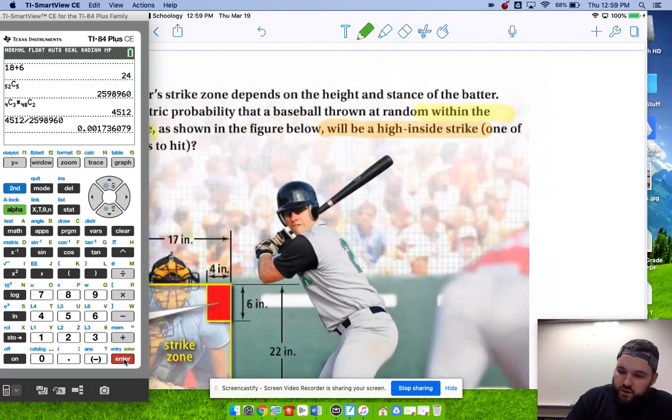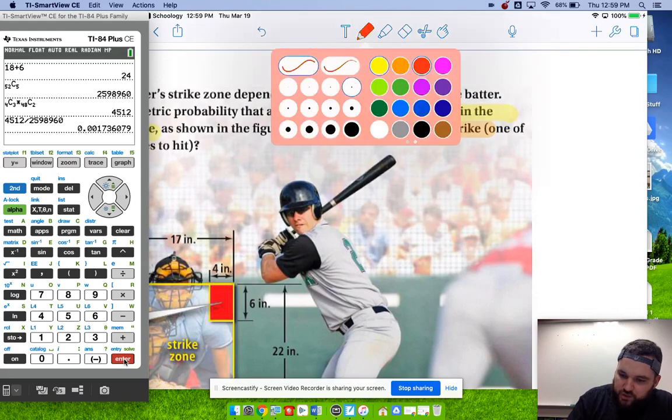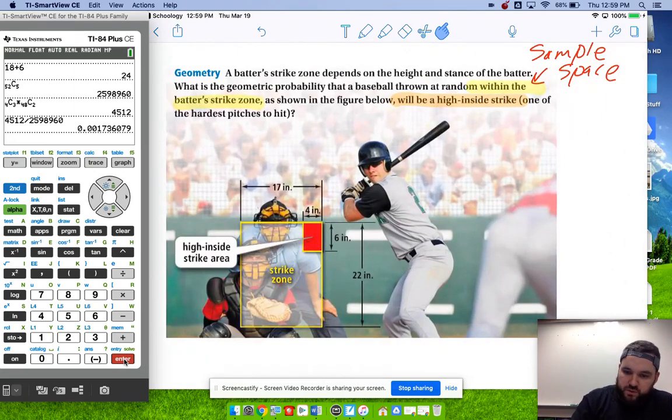Okay. So this piece of information that we are told, that it's in the strike zone, is going to be our sample space. We know the ball landed somewhere in the big rectangle.